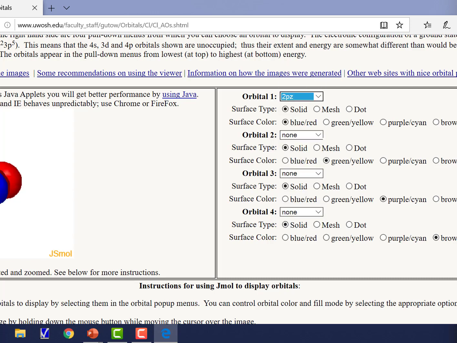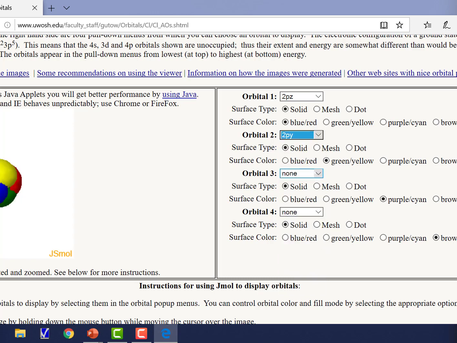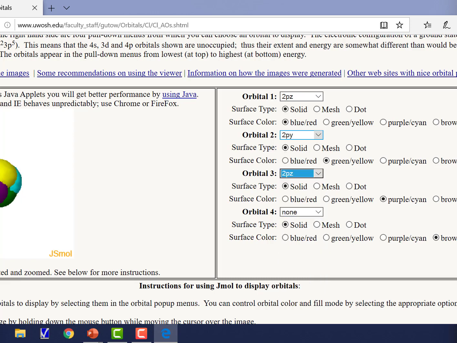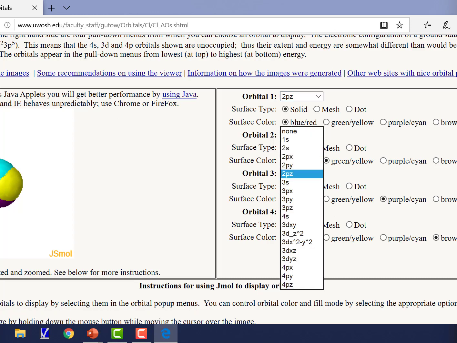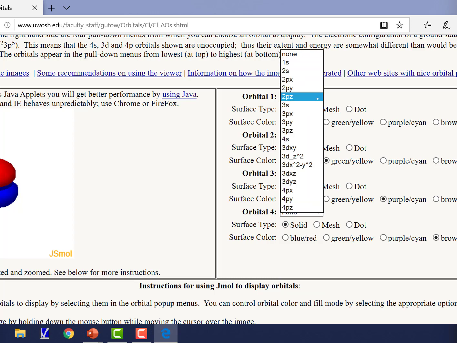In fact, I could put 2py, 2px, and 2pz all in the same one, and they just overlap each other. Okay. Let's get rid of these.